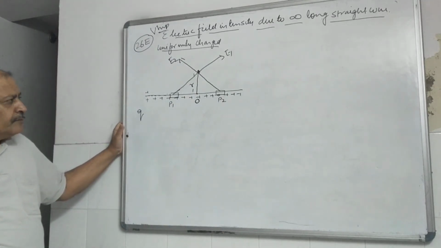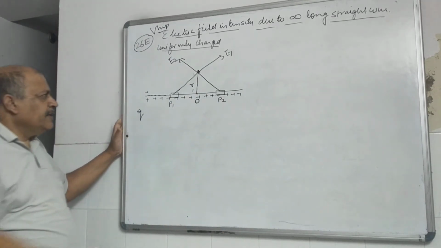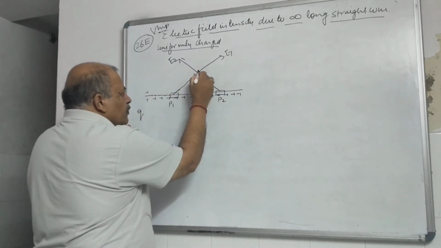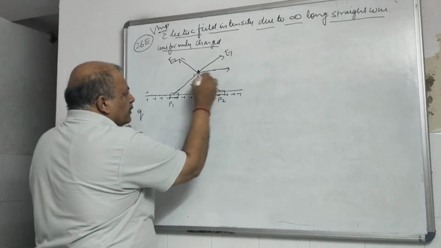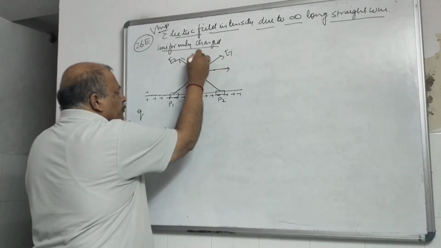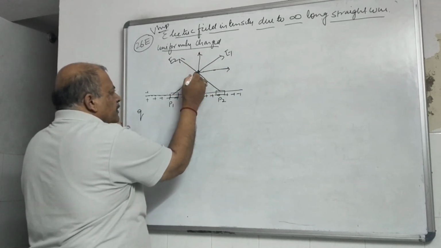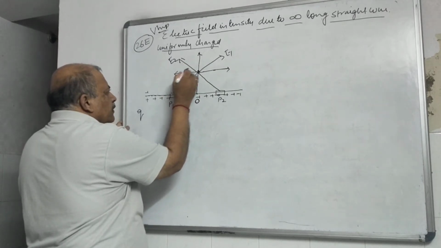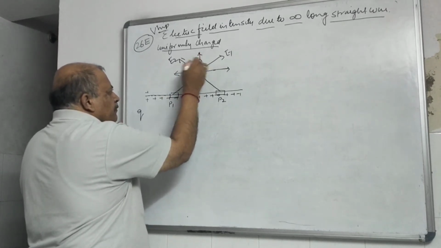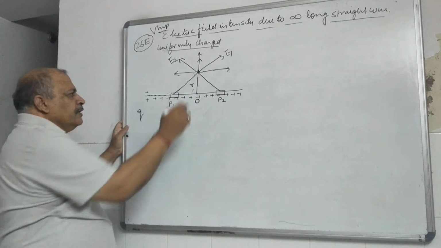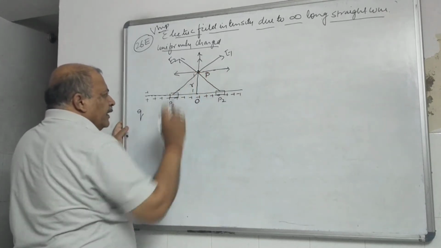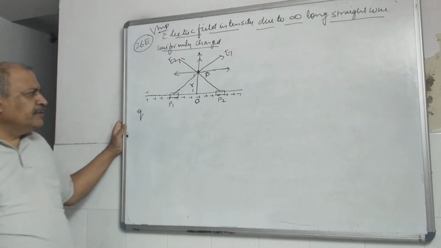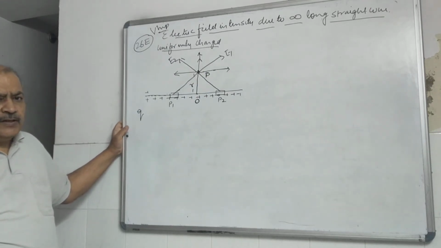Now if this electric field intensity E1 and E2 is resolved, this is the horizontal component, this is the vertical component. This is your point P.